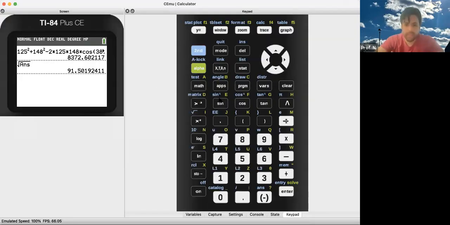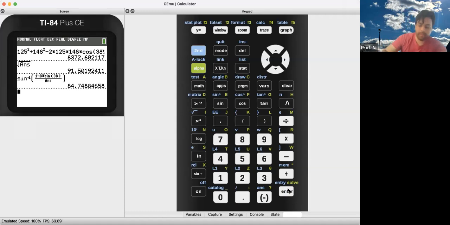So I'm going to do second sine, then the fraction expression: 148 times sine of 38 degrees over, I'm just going to put answer here. So I'm going to put second, and then this negative sign on the bottom.